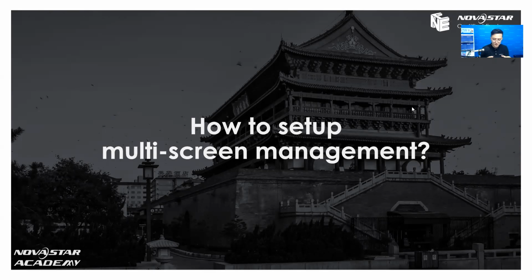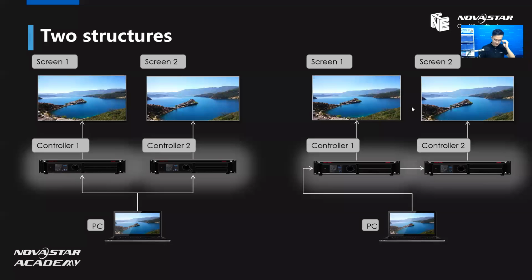Like I can make the 2 screens as one screen. So if you have 10 screens on your site, you also can manage all the screens together. That's how multi-screen management works. So how to set up this? I just give you 2 simple structures as examples.